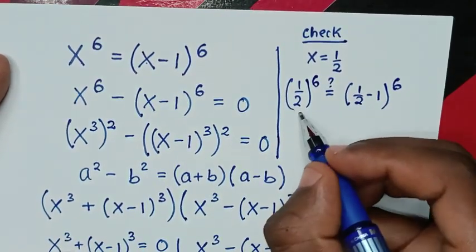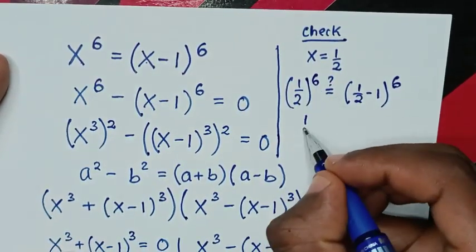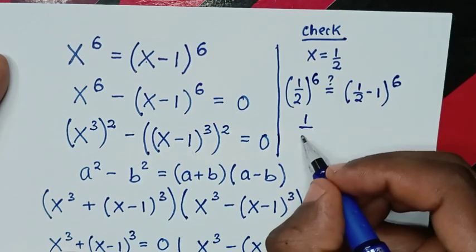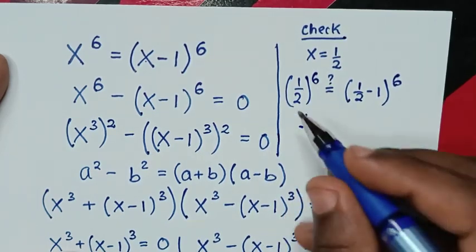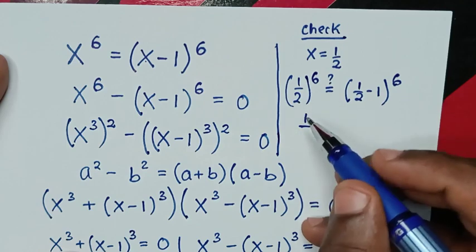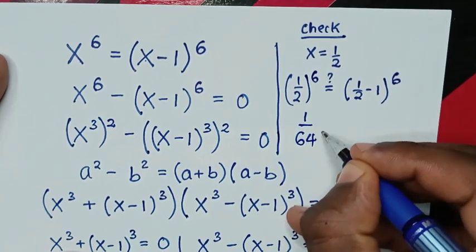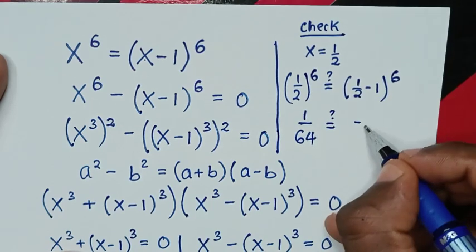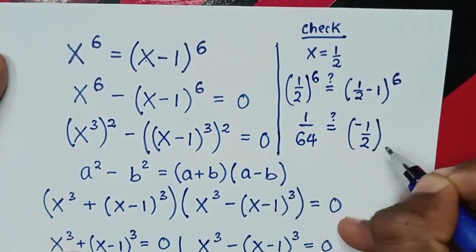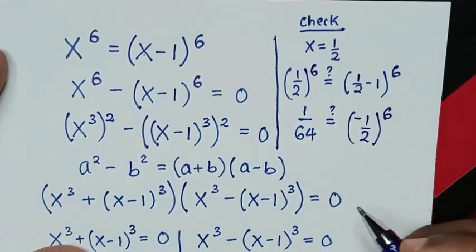Then it will be 1 to the power of 6, it is 1, over 2 to the power of 6, which is 4 to the power of 3, which is 64. Is it equal to a half minus 1 is negative a half, then this to the power of 6.